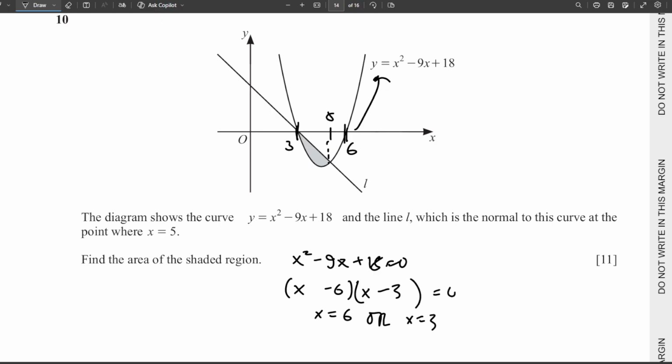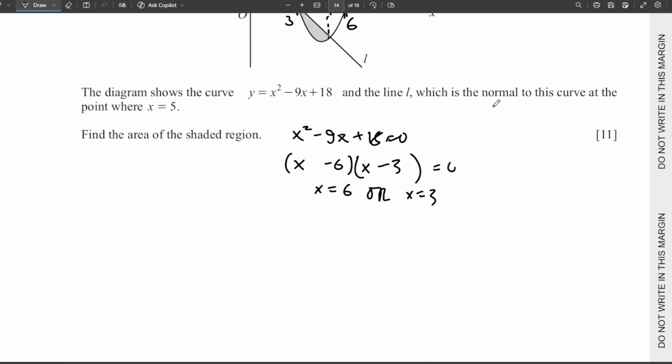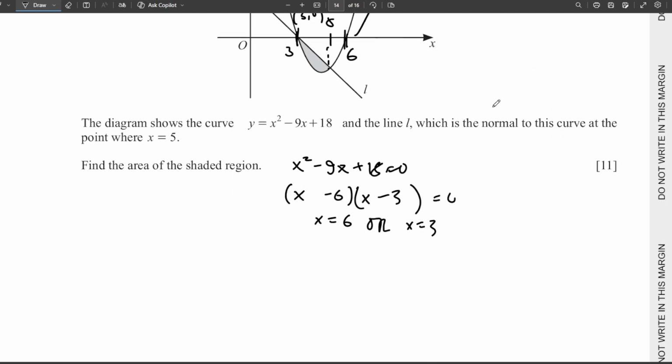Then we know that this point here is (3, 0), so we can easily find the gradient of L. So when x = 5, what is the y value? y will be 25 minus 45 plus 18, which is negative 2. So here is (5, -2).